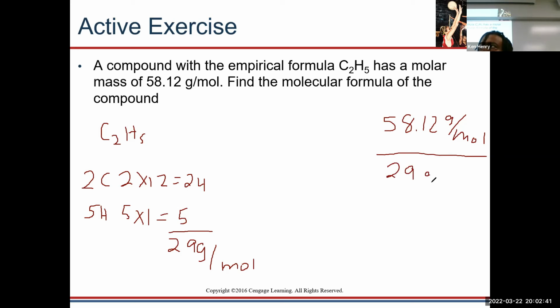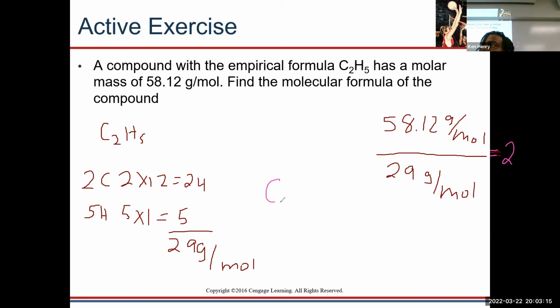If I divide this by the molar mass of our empirical formula, 29 grams per mole, this is going to equal 2. So the ratio of our molecular formula to our empirical formula is 2. That means I multiply my empirical formula by 2.